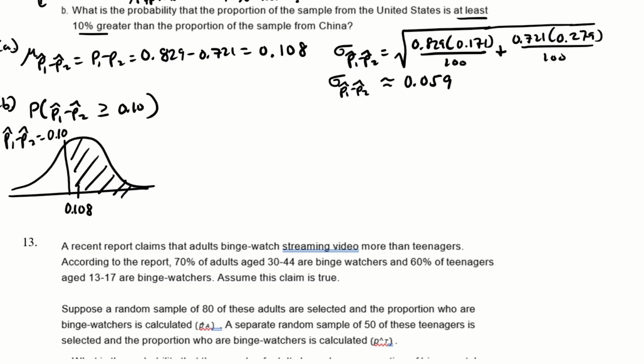So the formula for z, remember, z is value minus mean divided by standard deviation. The value is p hat 1 minus p hat 2. The mean is p1 minus p2. And the standard deviation is sigma p hat 1 minus p hat 2, which is the formula right here.